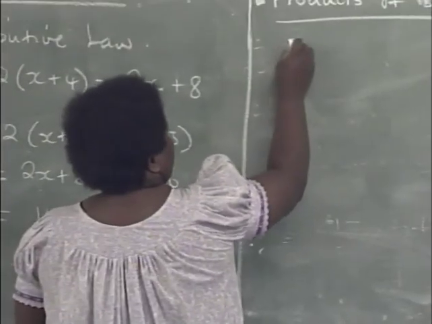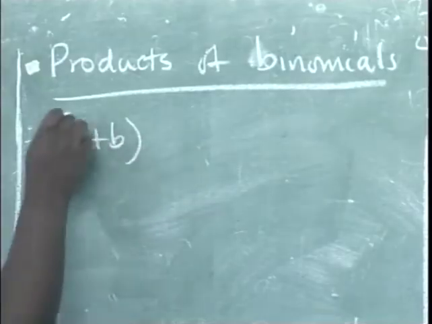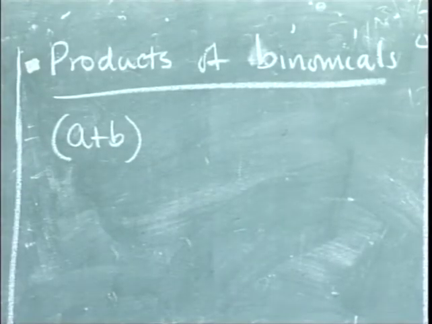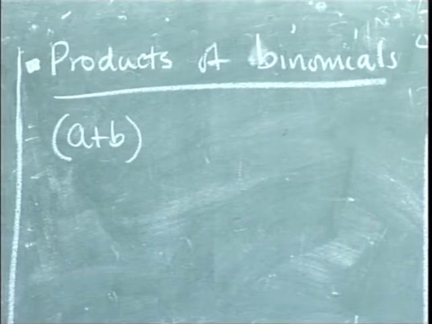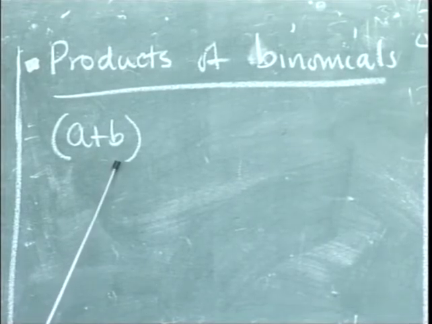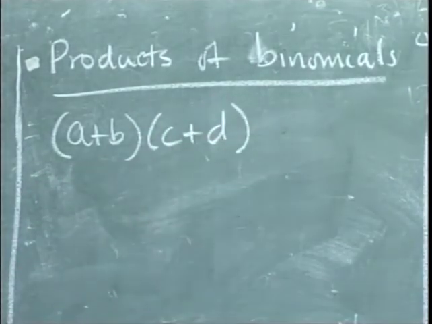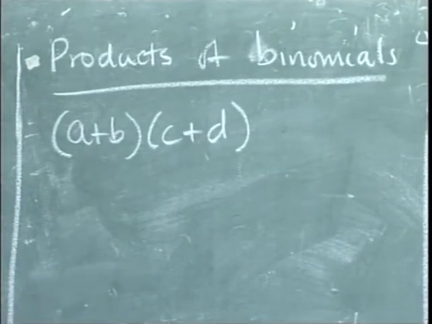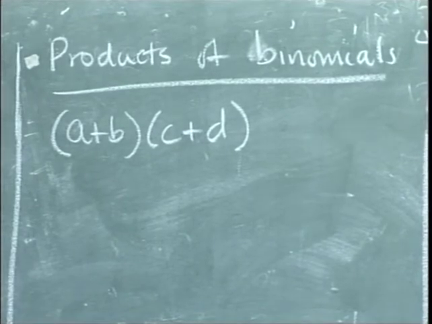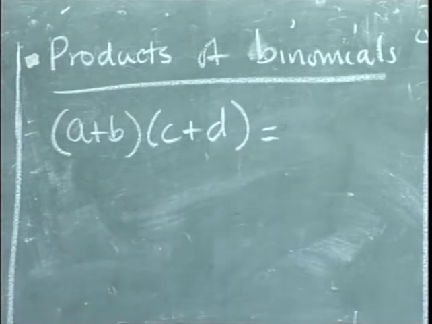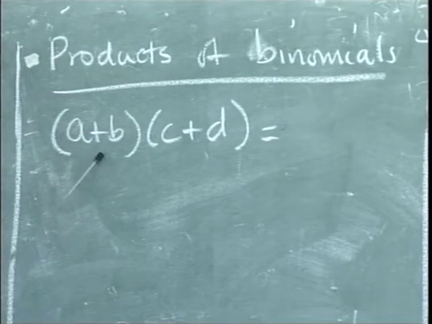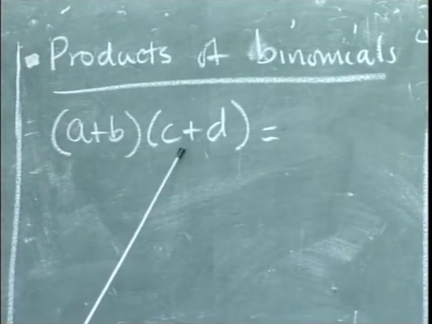If I gave you a plus b, this is called a binomial expression because it has two terms, a and b. If I multiply that by c plus d, these are two binomials. And when you multiply, you get the product of two binomials. Using the distributive law, you have to multiply everything in one set of brackets by everything in the other set of brackets.